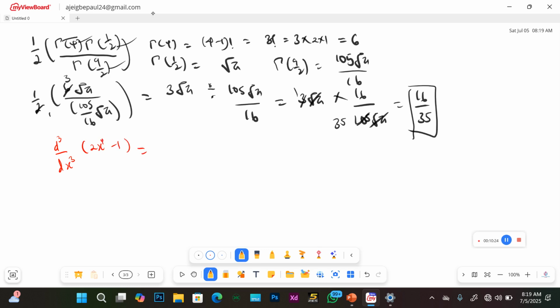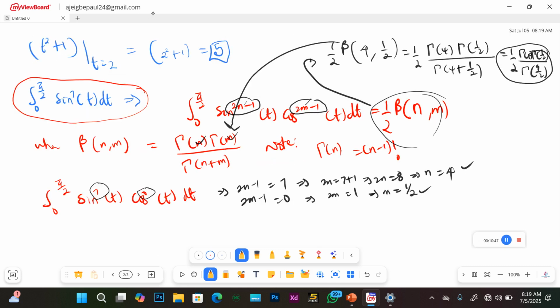It means you are differentiating this 3 times. So the first time you differentiate this, you are going to have 8x cubed. If you differentiate a second time, you are going to have 24x squared. And then if you differentiate for the last time, which is the third time, you are going to have 48x. So we have 48x for that.